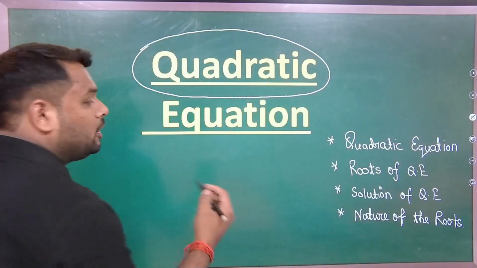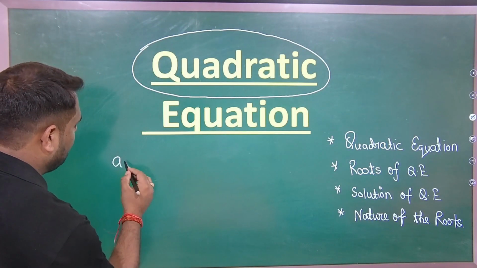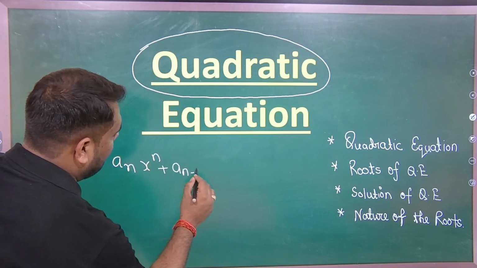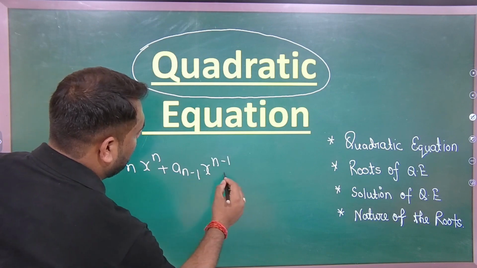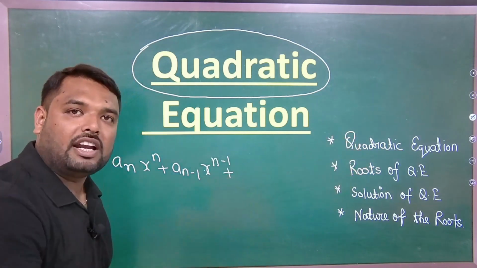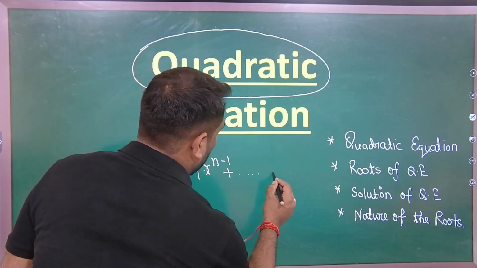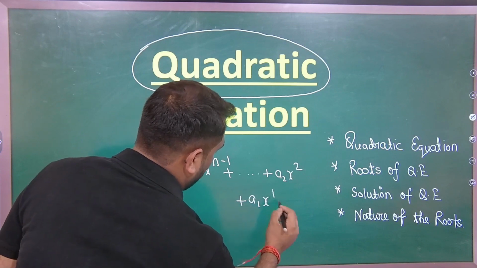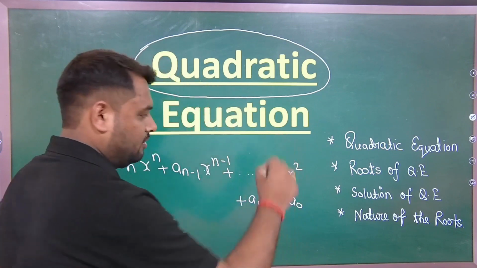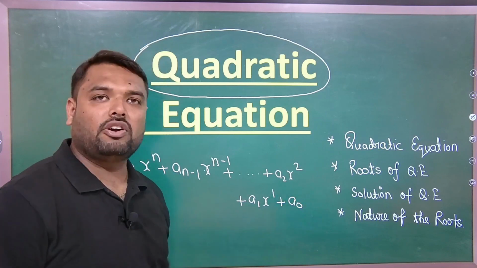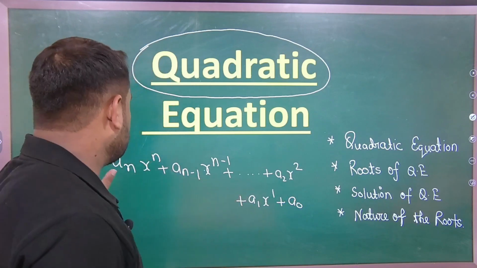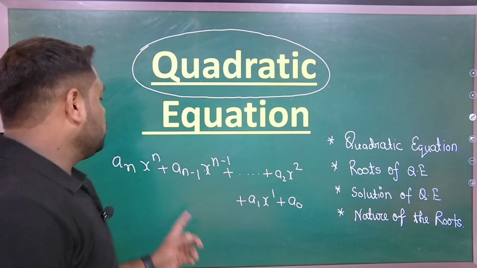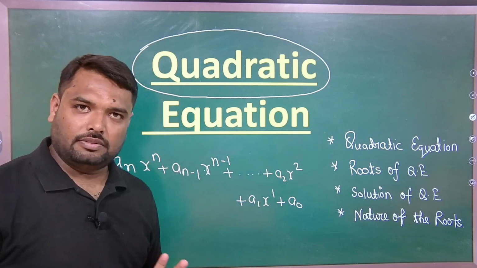Any expression of the form a_n x^n + a_(n-1) x^(n-1) + a_(n-2) x^(n-2), and this will reduce up to a_2 x^2 + a_1 x^1 + a_0 x^0. I am not writing x^0 because that is equal to 1. That means it will reduce up to the power of x as 0. So any expression of this form is called a polynomial.